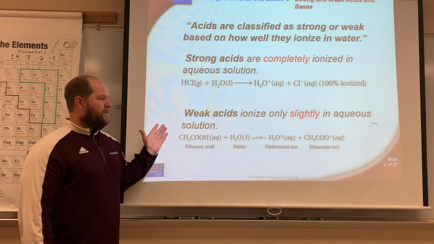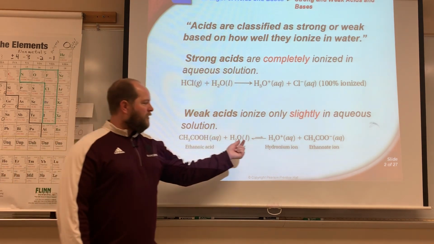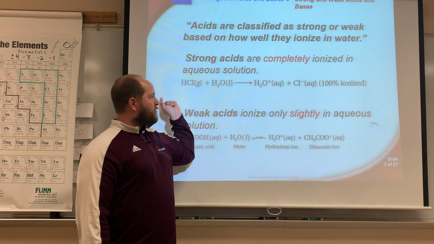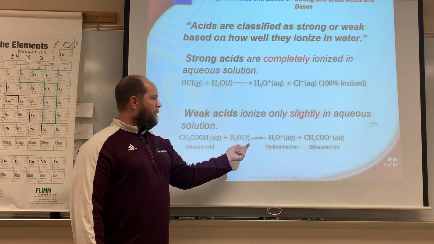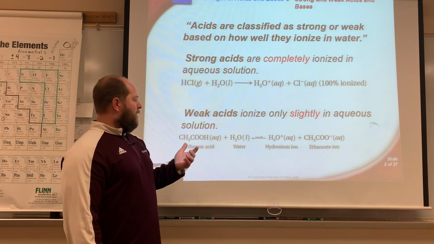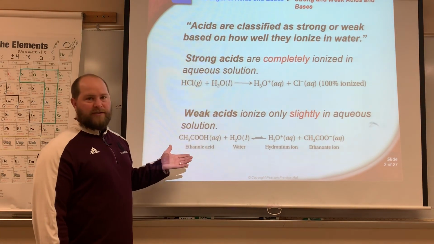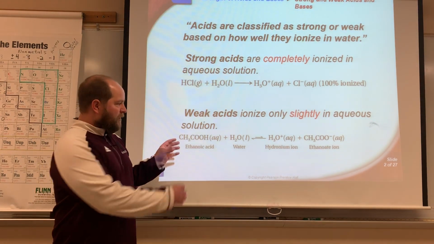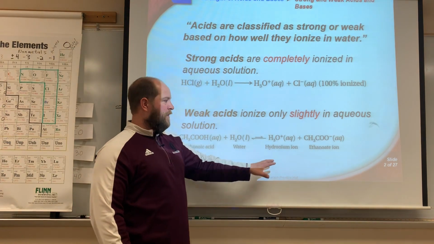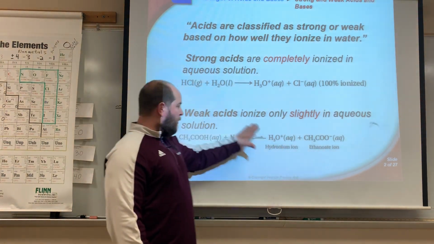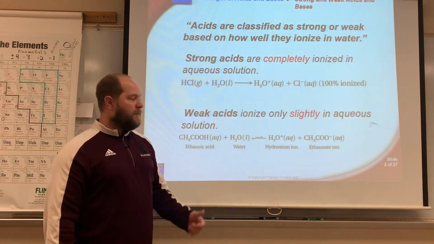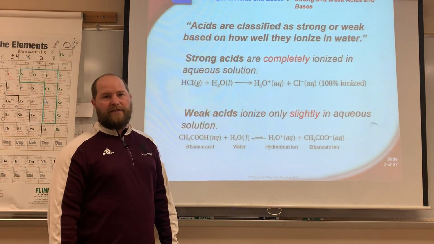Weak acids, on the other hand, and you should know what this symbol means, right? It's a reversible reaction, versus this one which goes to completion. A weak acid only partially ionizes, or slightly ionizes. If you have ethanoic acid, which is known to be a weak acid, it's going to dissociate in water and give us a little bit of the H+ and a little bit of the anion, but we're still going to have a lot of the water and a lot of the compound in the solution.